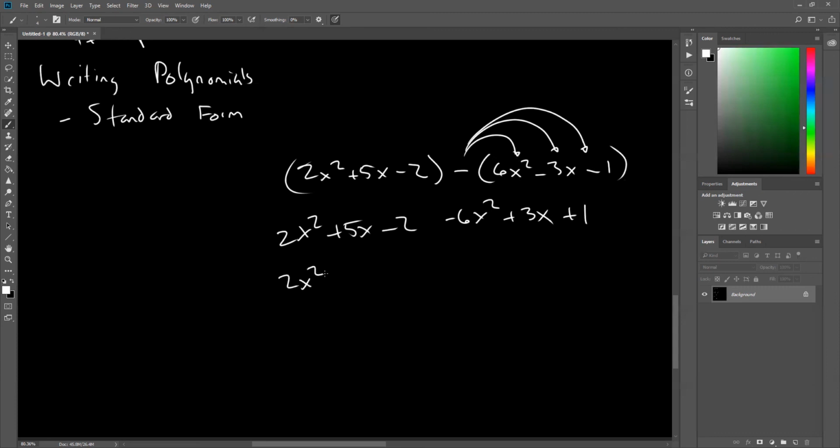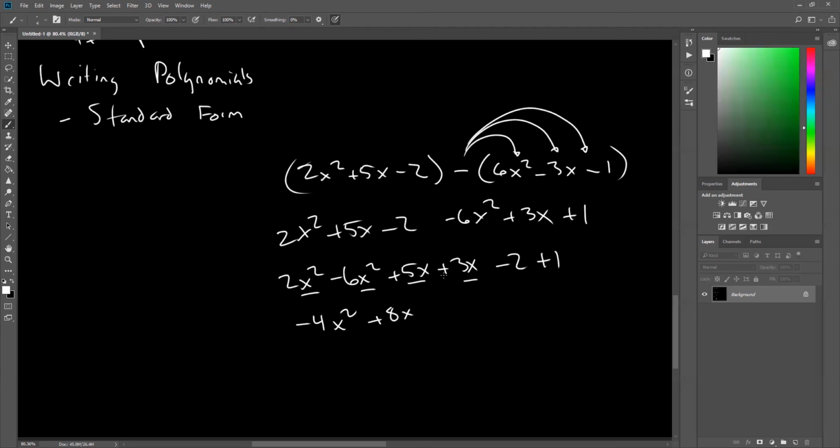Now we group them together. Minus 2 plus 1. Right. Now 2 minus 6, we get a negative 4x squared, we add these together because they're the same exponent. Then 5x and 3x, same exponent, which is 1, but just assume it's there, but we don't write it down.